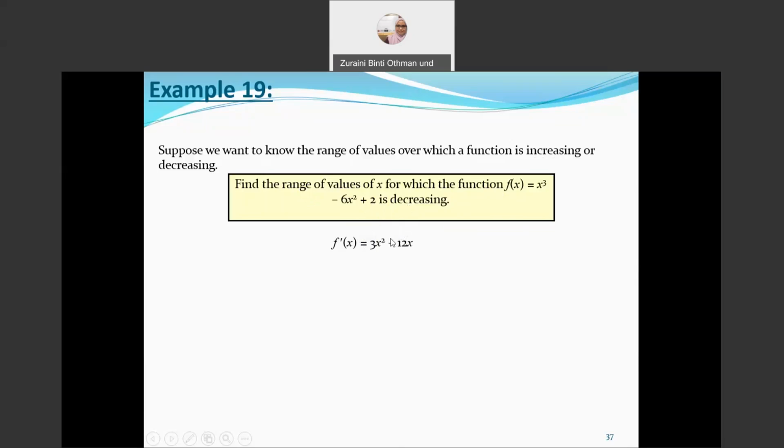Okay, so sekarang tadi kita dah tahu bila kita nak tahu dia decrease, kita kena cari first derivative. So first you have to find the first derivative. Then f'(x) is less than 0, bila masa dia lebih kecil daripada kosong, iaitu first derivative dia negatif. Dekat mana?